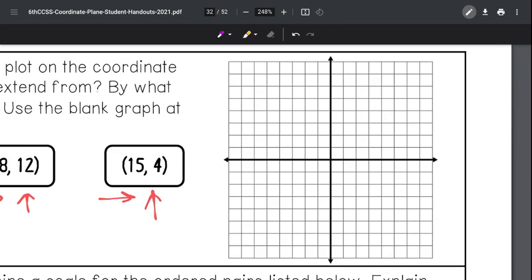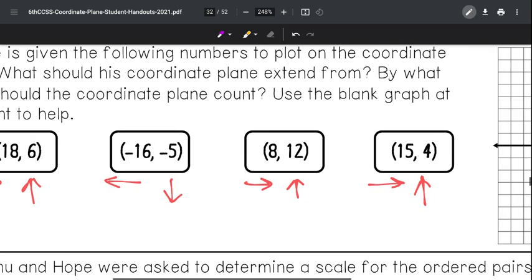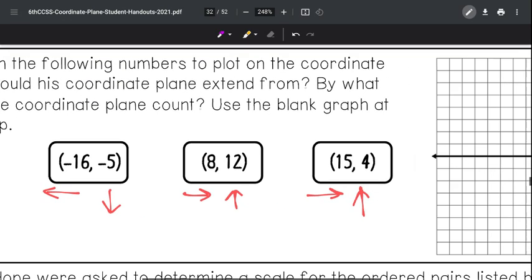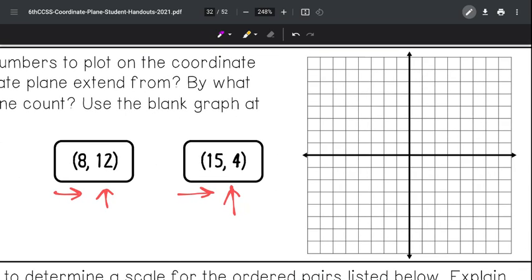And now, is it going to let me scroll? Yes. First point, 18, 6. If my scale's going up by 3s, that means 3, 6, 9, 12, 15, 18. And then going up by 3s, 3, 6. So 18, 6 should be right there.